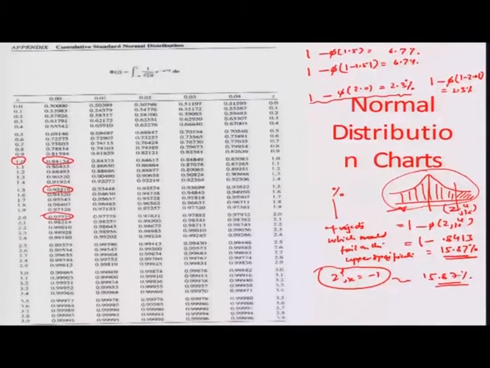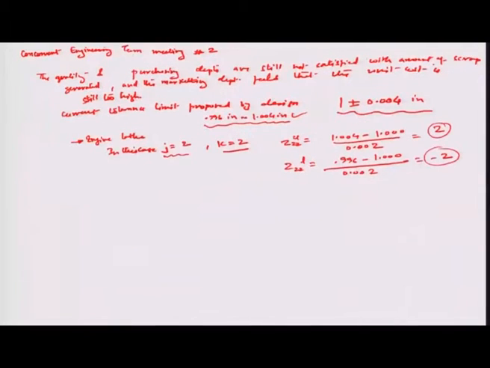So, about 4.6% of the total items are being rejected. So the total reject in this case happens to be about 4.6%.